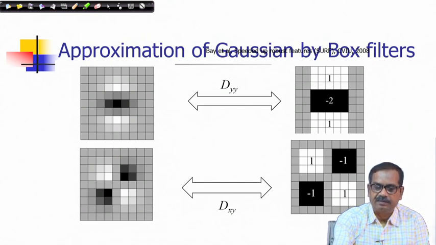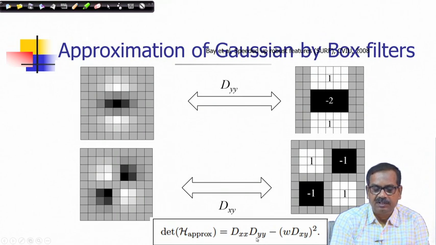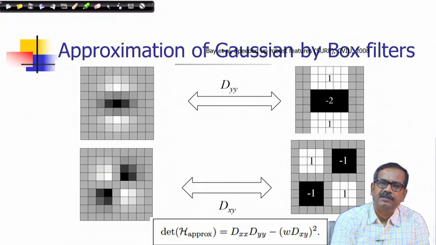This is an explanation there, and the approximation of the determinant of the Hessian operator, which ideally uses double derivatives of Gaussian masks, but we are approximating it using these box filters.